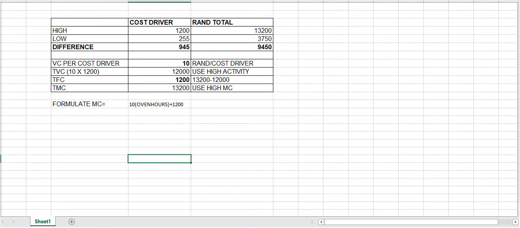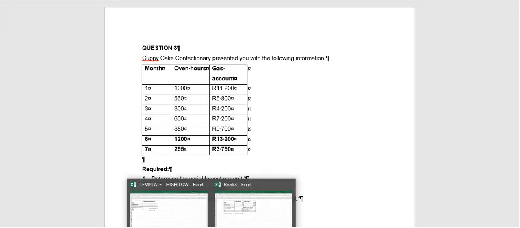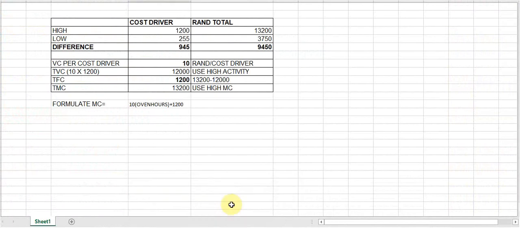Right, if I now look at question 3, they ask us what is the total oven hours if we can spend 20,200 rand. Now they have given us the total account that we can spend, so we need to say 20,200 rand equals 10 times our oven hours, I'm just going to call it oven H, plus 1,200.